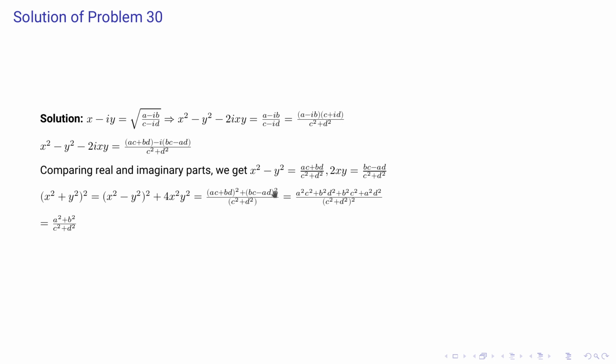Once you square these, the term 2abcd from this and the term 2abcd from this will get cancelled because of different signs. So what will be left here is a square c square plus b square d square plus b square c square plus a square d square, which is equal to a square plus b square into c square plus d square. So one power of c square plus d square from the denominator will be cancelled. So what will be left is a square plus b square by c square plus d square.